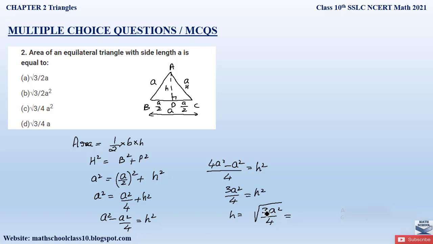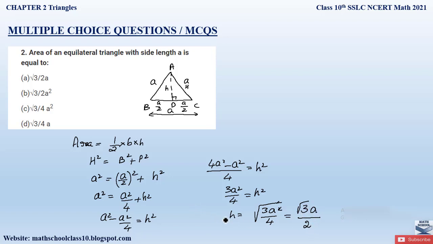Here square root of 3 we don't know, so we will write it as it is, root 3, whereas for A square, the square and square root term will get cancelled and therefore A is left behind. Similarly for 4, 2 square is 4, so the square and square root term will get cancelled, so we'll get here 2. So it is root 3A by 2 is the value of H.